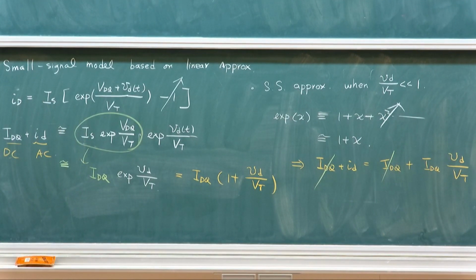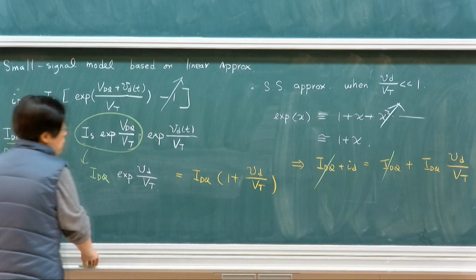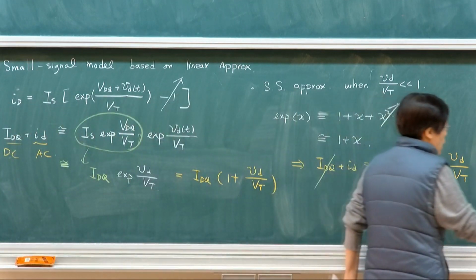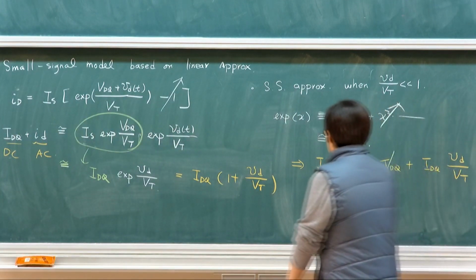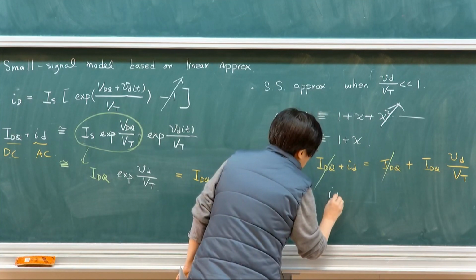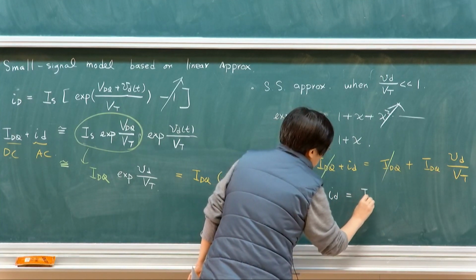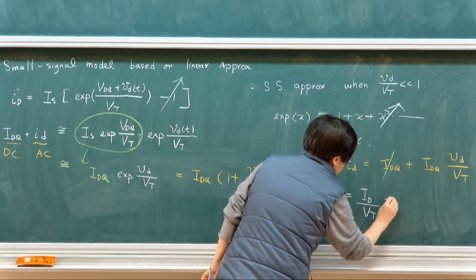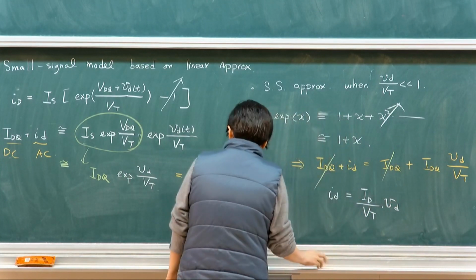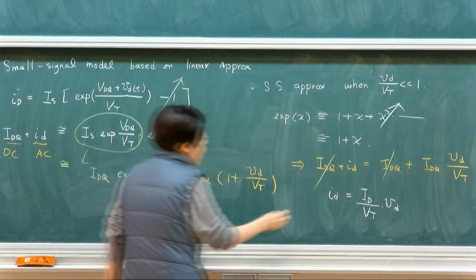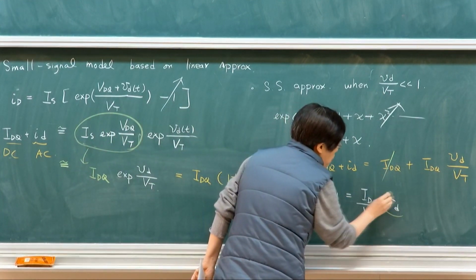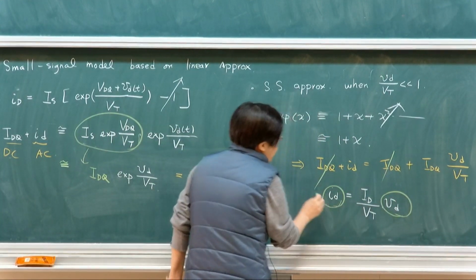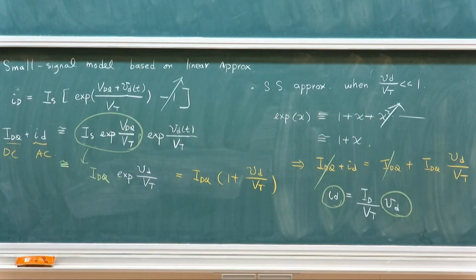I'm only interested in the increment of current. So the increment of current can be rewritten as ID equals IDQ times VD over VT. This is actually what we want. We want to know that if I make a small change, what is the corresponding small change in current?